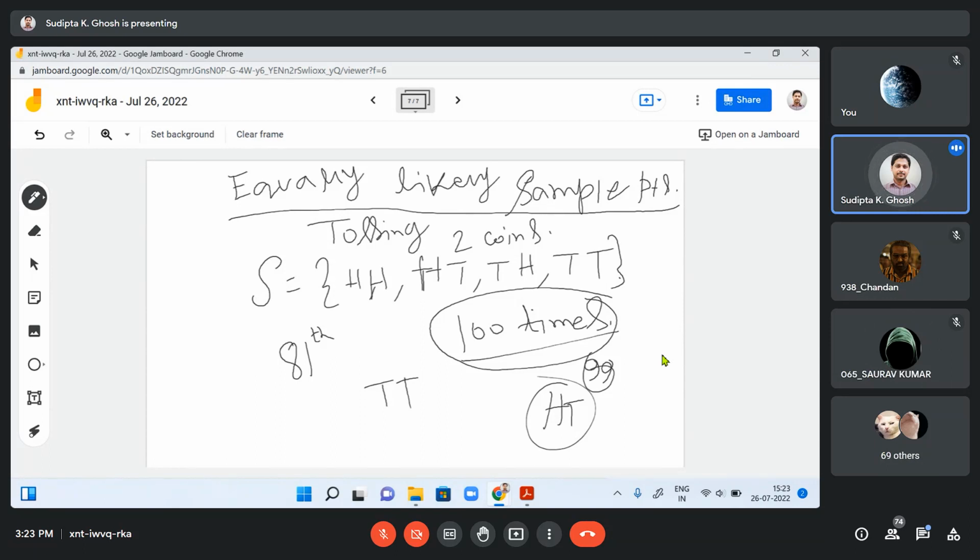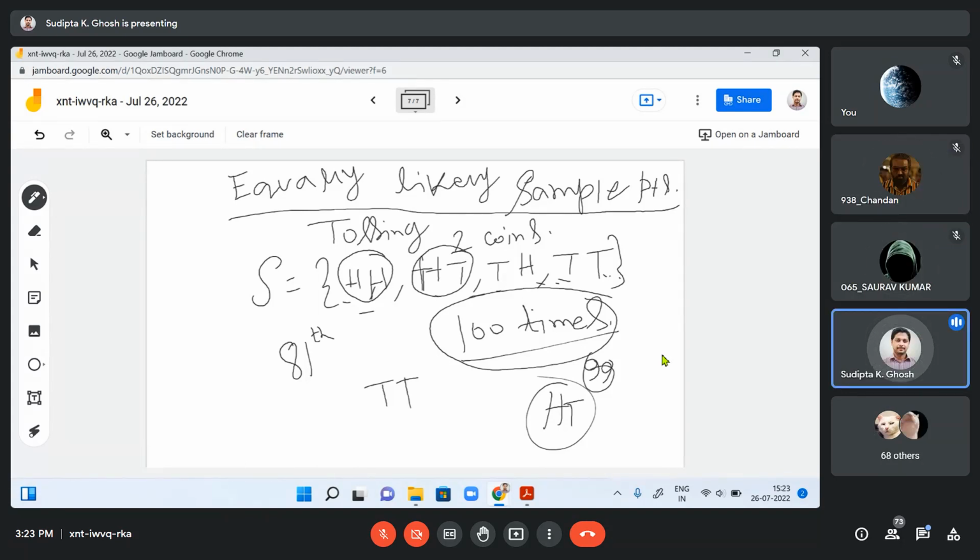So all the points, head head, head tail, tail head, tail tail, are equally possible. Therefore, you cannot say that this sample point has a higher chance than the other sample points. All the sample points are equally possible whenever you are performing the observation or investigation.